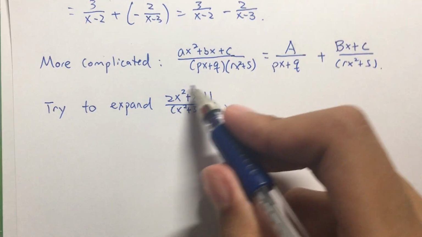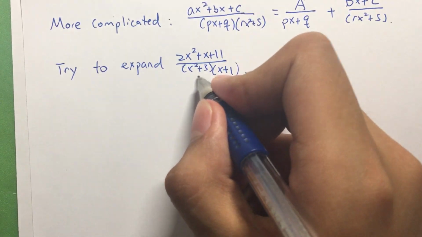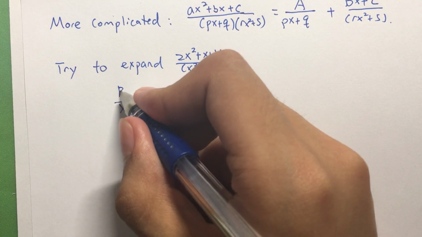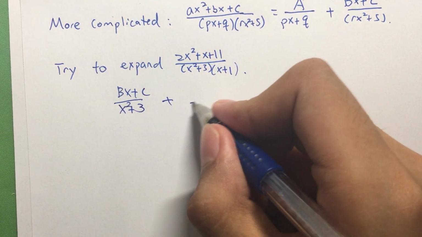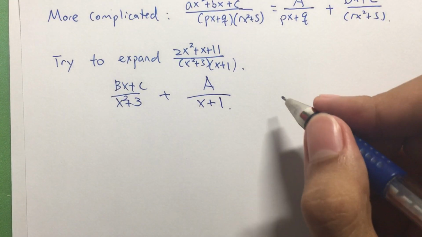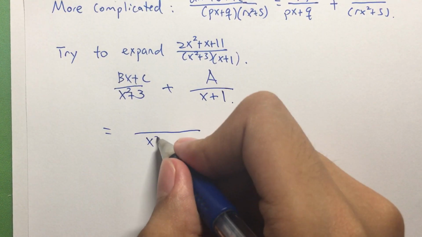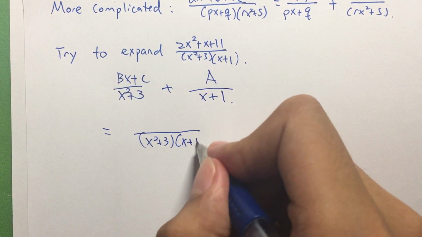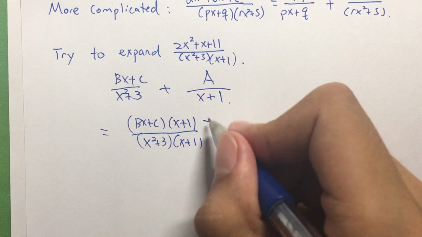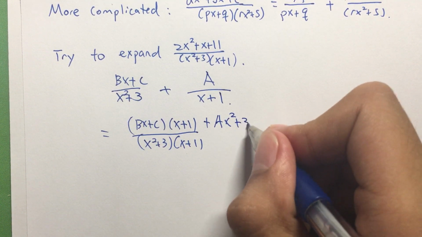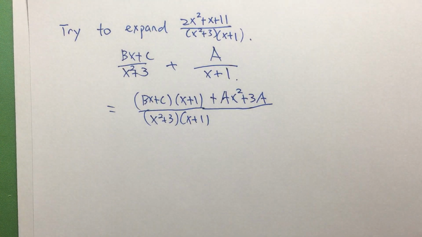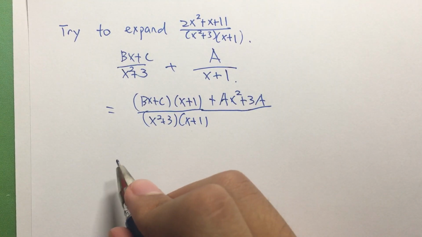So we need to have bx plus c here. Now let's expand that. For the x cubed one, we have x squared plus 3, with bx plus c, and plus a over x plus 1. Then we do the same thing and multiply together, which becomes (bx plus c) times (x plus 1) plus a times (x squared plus 3).